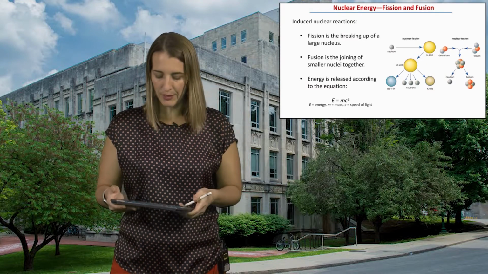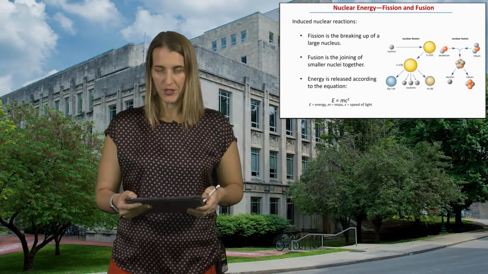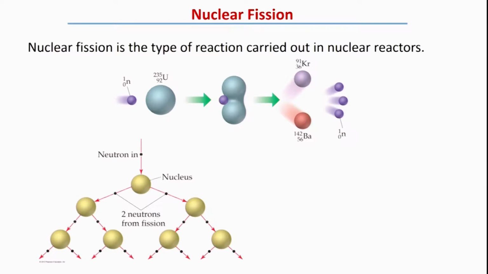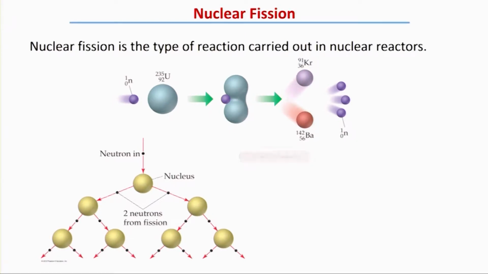So let's look at them a little more closely, starting with fission. Nuclear fission is the type of reaction that's carried out in nuclear reactors to generate nuclear energy. You can see coming in, you have a neutron that starts this off, and it bombards a very large uranium nucleus.